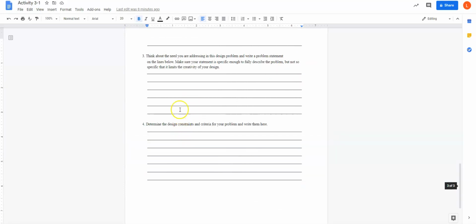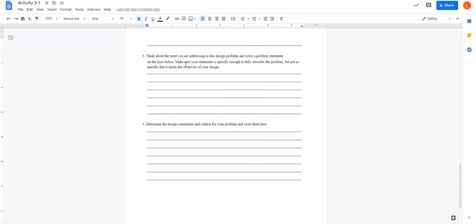Number three, thinking about the need you are addressing, identify the design problem and write a problem statement. Make sure your statement is specific enough to fully describe the problem, but not so specific that it limits the creativity of your design.